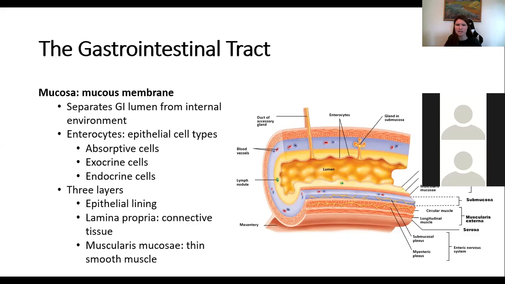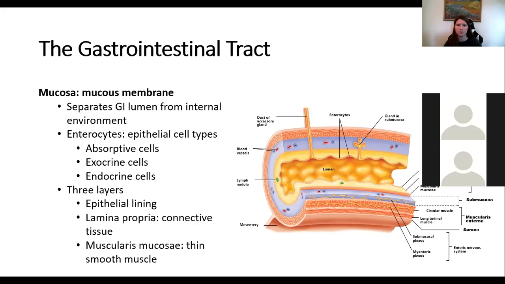So exocrine cells in your GI tract are going to push stuff into that lumen where the food is. And we also have some endocrine cells. Endocrine cells secrete stuff into the bloodstream. Those are also one of our types of enterocytes, one of our types of epithelial cells in our mucosa.